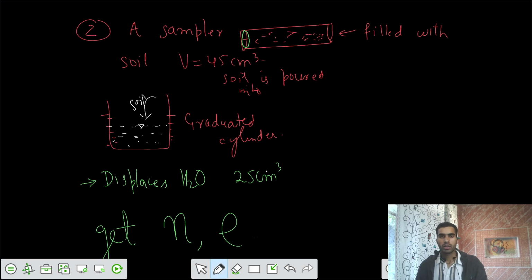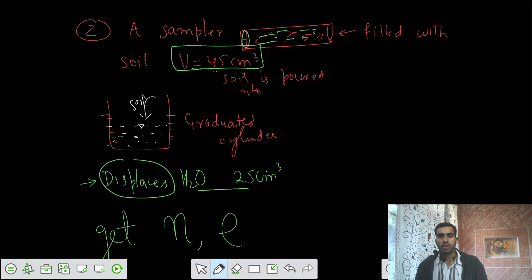The sampler is there. You collected soil having a volume of 45 centimeter cube, and you are placing this soil in a cylinder which has some water inside. Because the soil has some solids, there is a displacement of water, 25 centimeter cube.